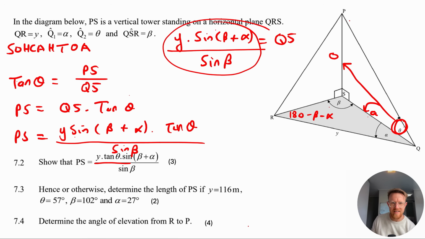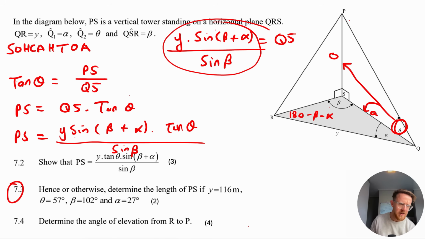And it's exactly what they wanted over here. It doesn't matter whether we have the y first or the tan theta at the end. It's all multiplied, so it's all the same. Notice we didn't try to make that. We just went and solved, and it gets there by itself.